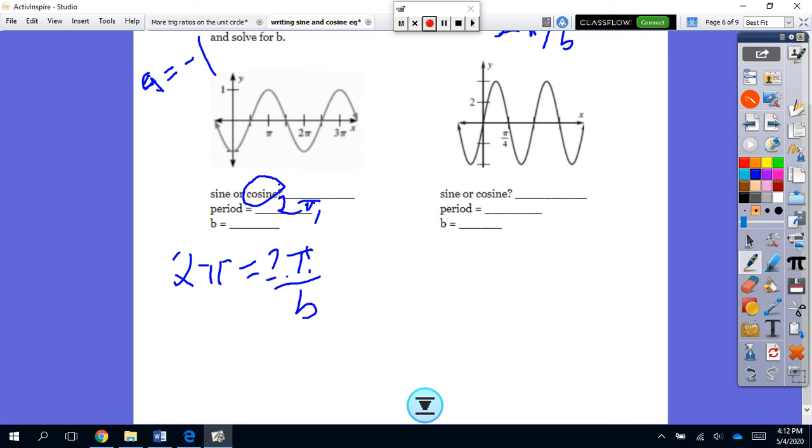I'm going to multiply both sides by B, and that'll give me 2 pi B on this side equals 2 pi. So it looks like these are going to cancel out, and B is just 1.